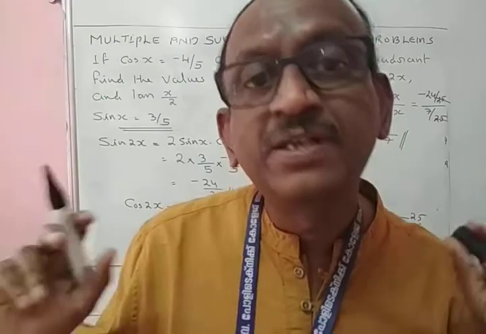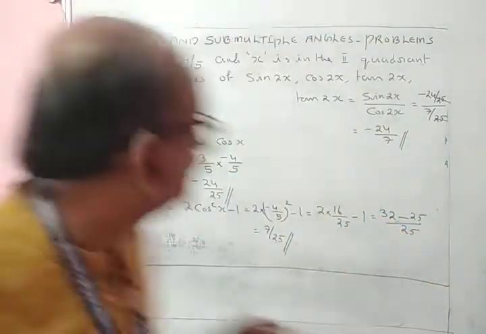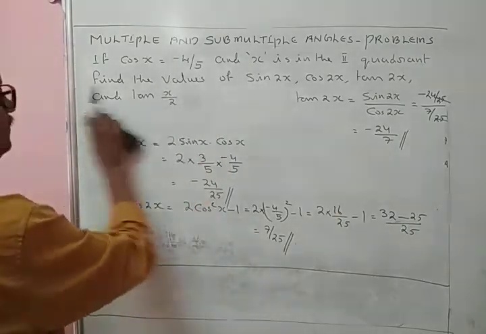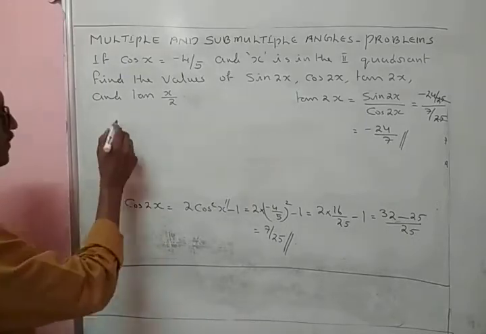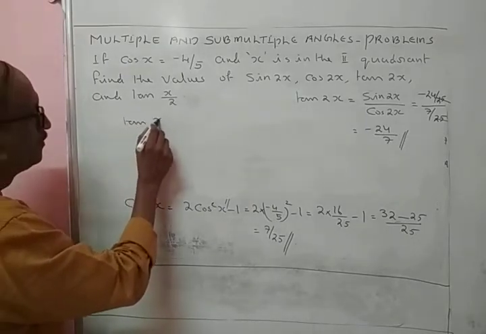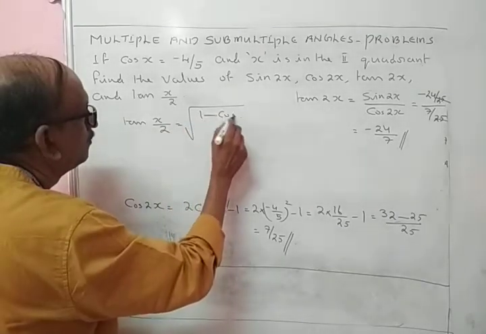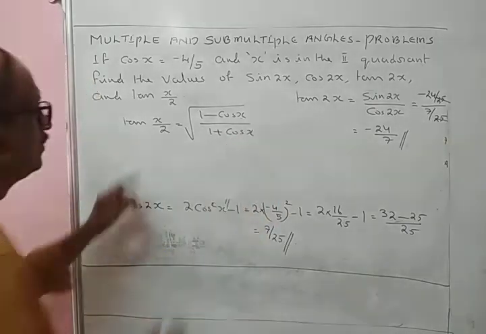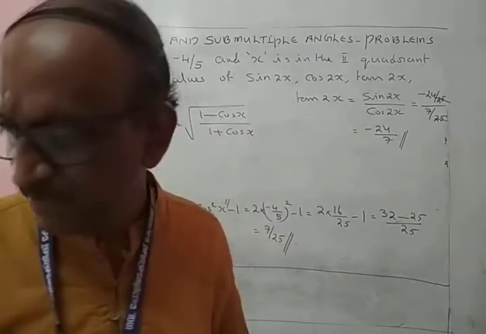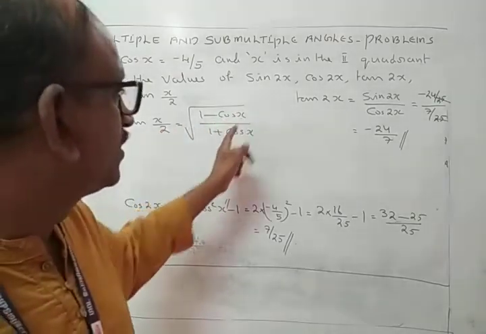What is the formula for tan x by 2? In the last class, we studied that formula. This is the formula for tan x by 2. Tan x by 2 is root of 1 minus cos x by 1 plus cos x.